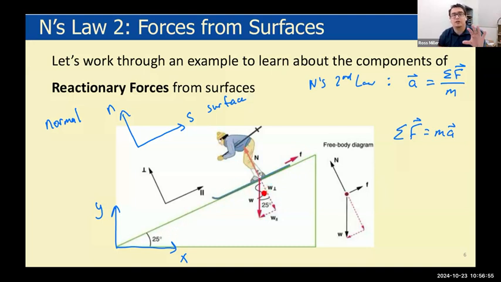There's a really clear geometry reason, and I'm more than happy to show that later for why this is 25 degrees. So we're going to need to use cosine. So this is weight cosine of the angle. And then this is going to be weight sine of the angle.